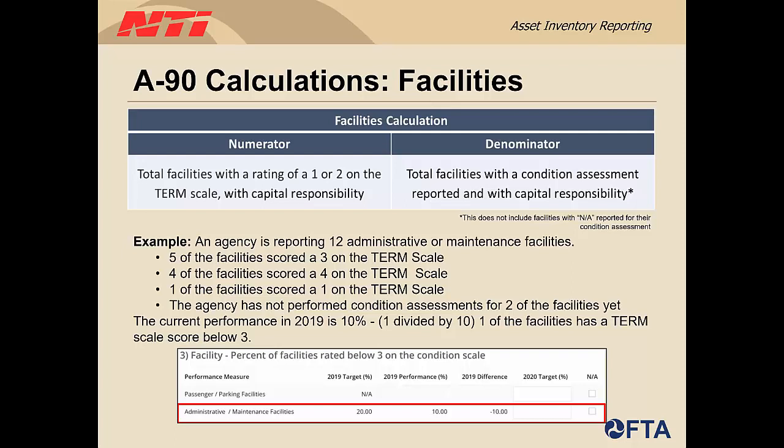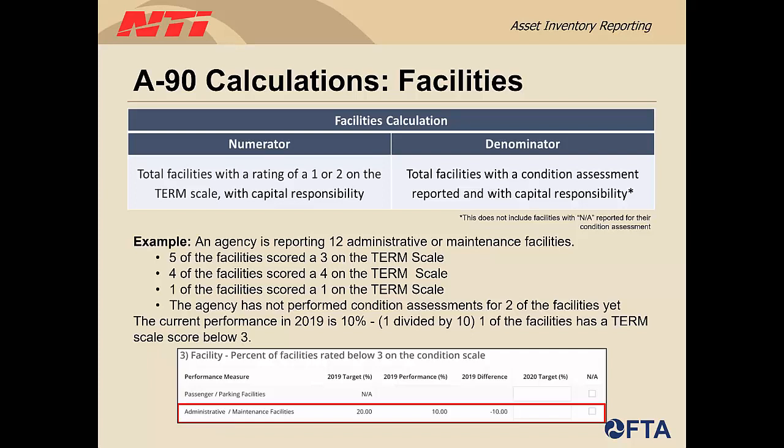The calculation for current performance is the total number of facilities with a rating of a 1 or a 2 on the TERM scale with capital responsibility divided by the total number of facilities with a condition assessment reported and capital responsibility. Please note that the A90 does not include any facilities that do not have a condition assessment reported.